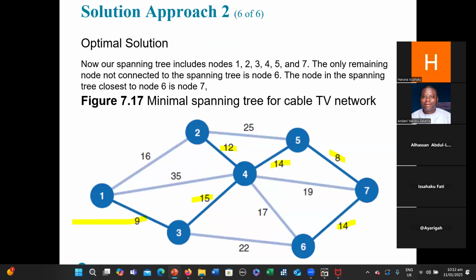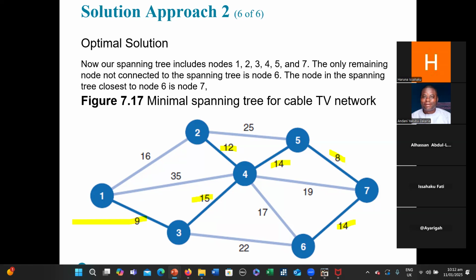That will give you 72. So it means it will take you a minimum of 72,000 feet of cable length to connect the communities.